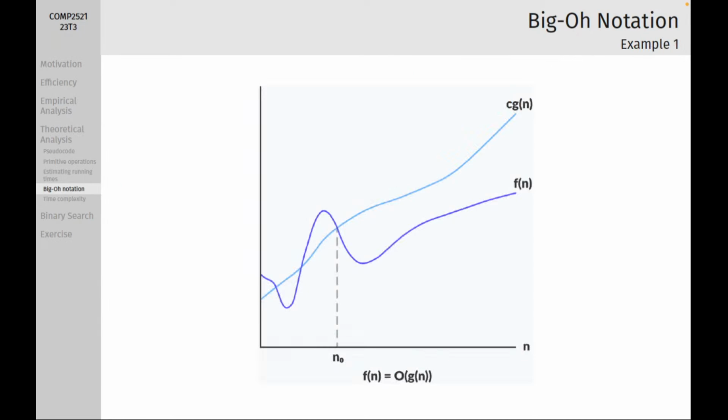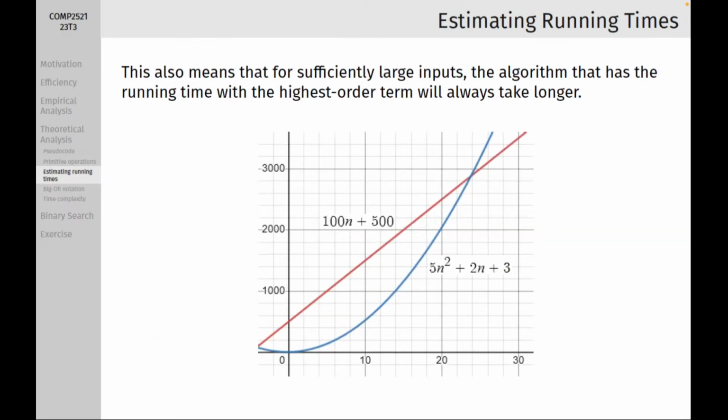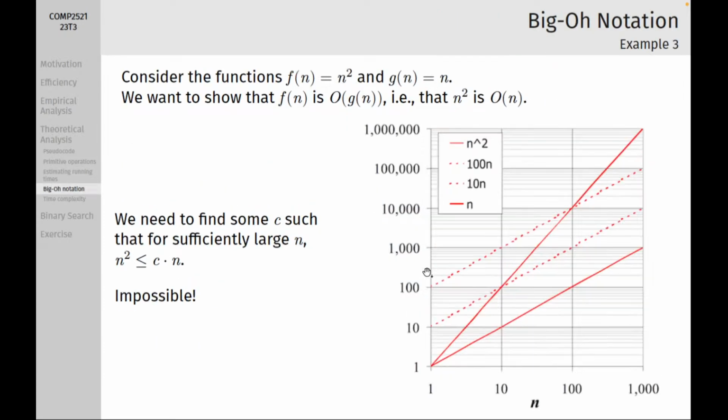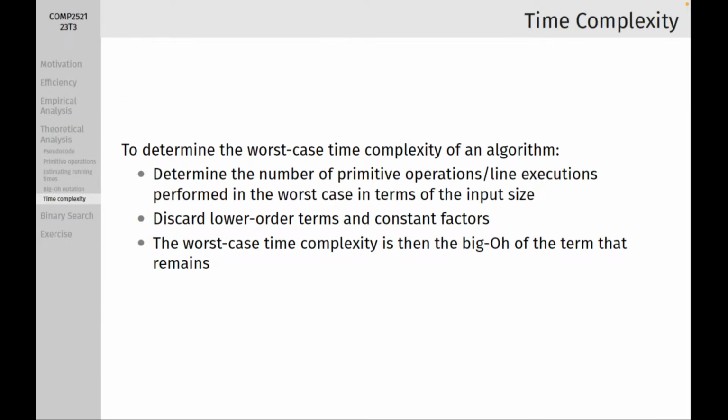For example, if we go back to here, you can discard 2n plus 3. Here you can discard 500, and you can also discard the constant factors like 105. The term you get left with, big O of that term, is your worst case time complexity.